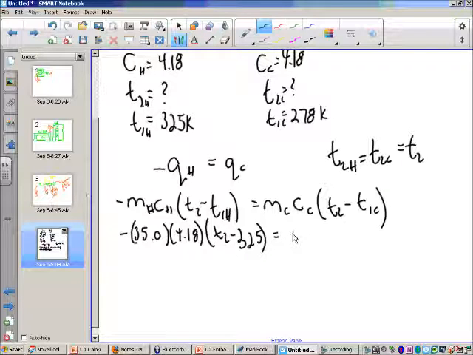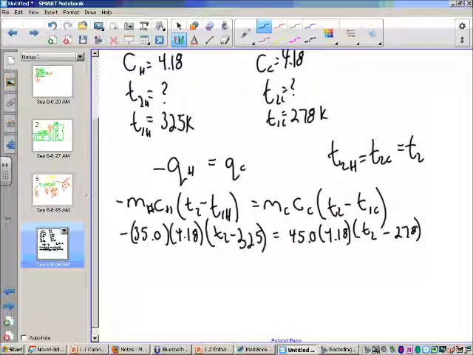Mass cold. What was it, 45? 45, 4.18 T2 minus, what is that temperature? 278.